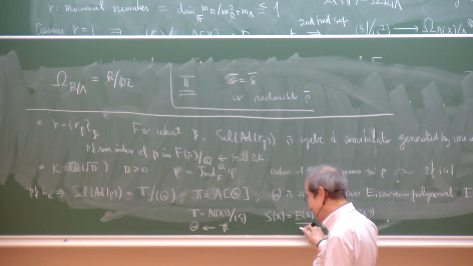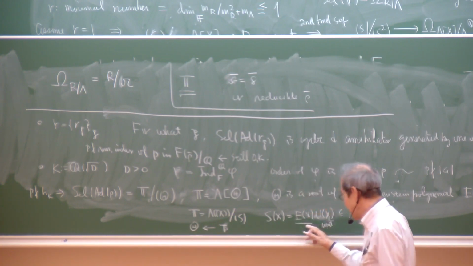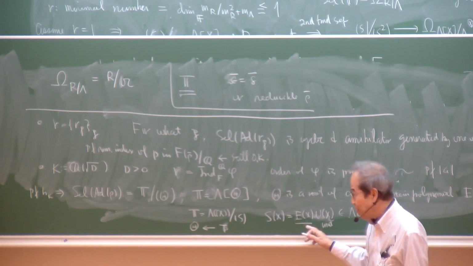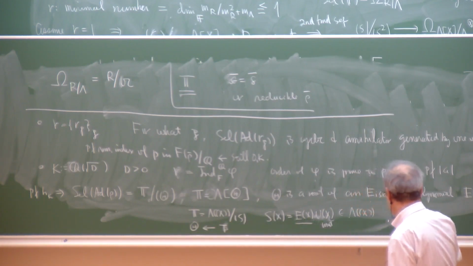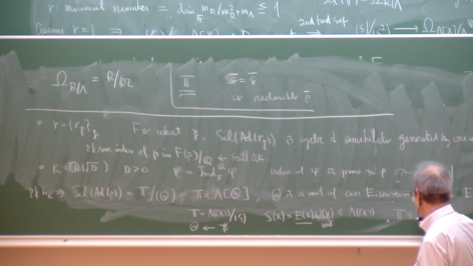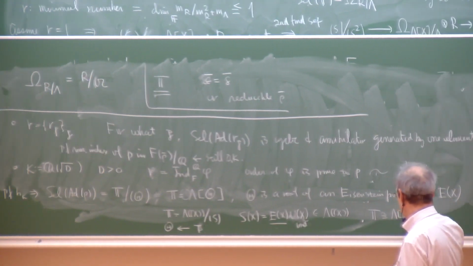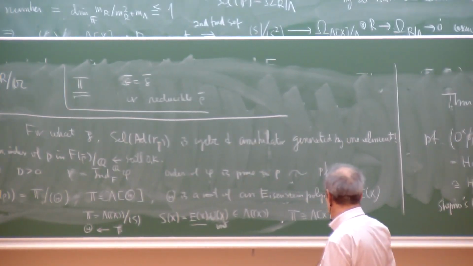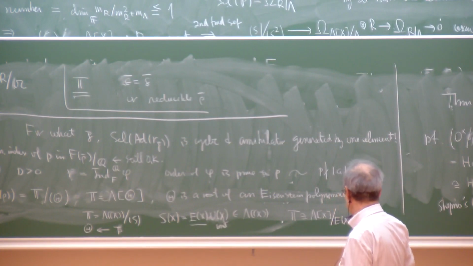And this is a distinguished guy, but you can prove that this is an Eisenstein polynomial. So T is isomorphic to lambda over now polynomial ring over E x, and this is irreducible.